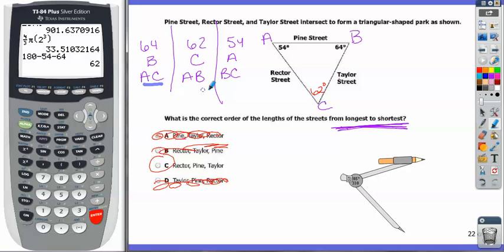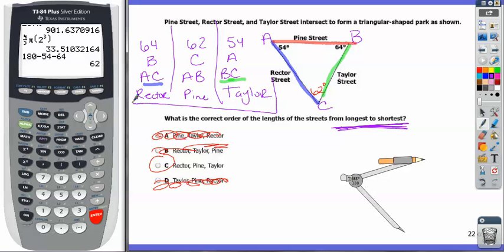A and C. To go from A to C, what street am I on? Rector Street. Now to go from A to B, and I'll change colors, what street am I on now? Pine Street. And then finally, to go from B to C, I'm on Taylor Street.